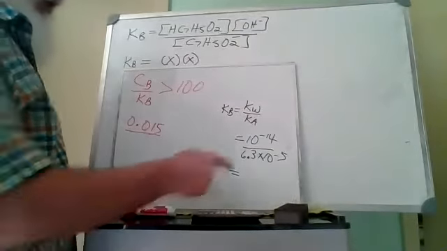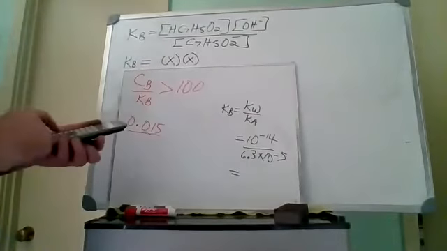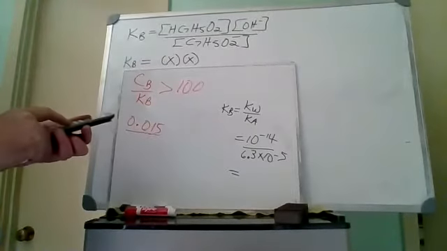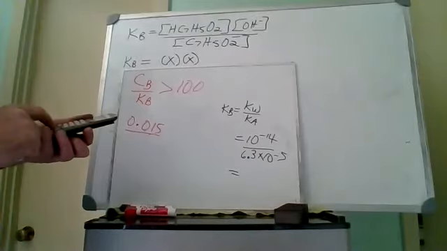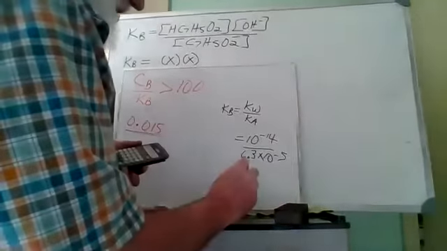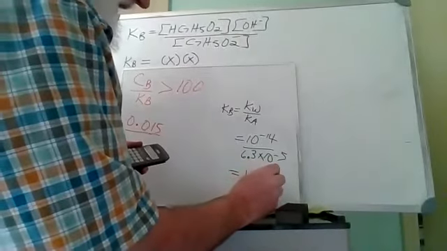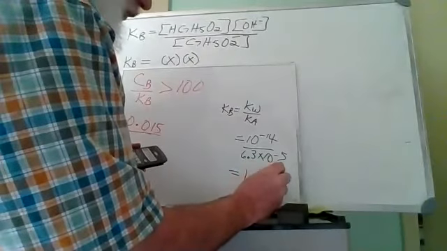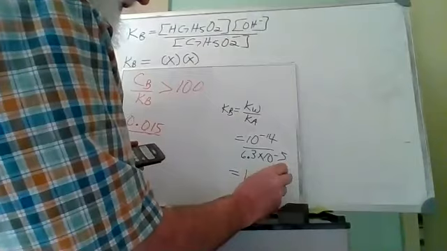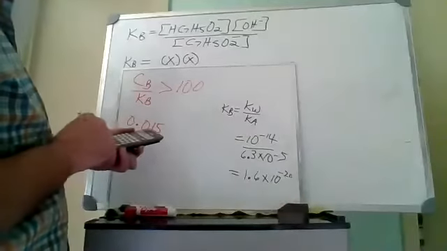Okay, so we divide these two. 1 times 10 to the negative 14 divided by 6.3 times 10 to the negative 5 equals 1.6 times 10 to the negative 20th. That's not right. I don't think I put the negative sign in on that. Do it again.